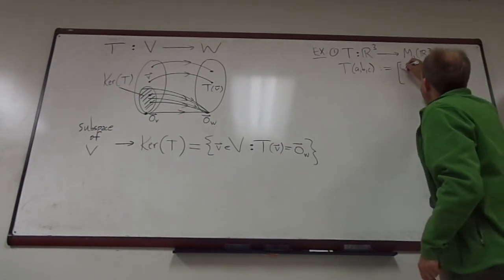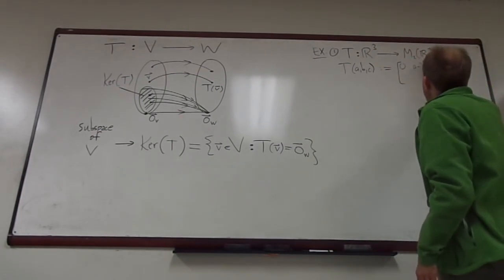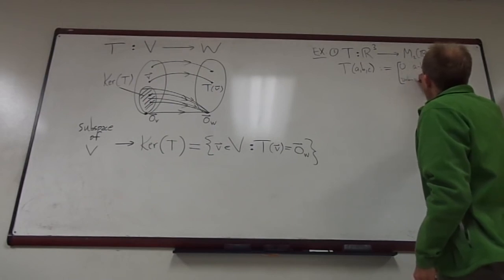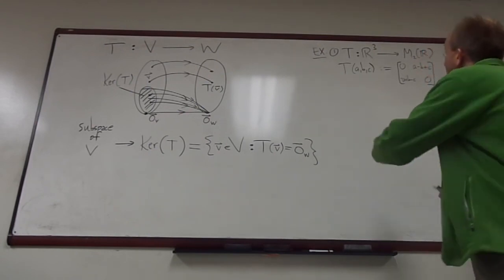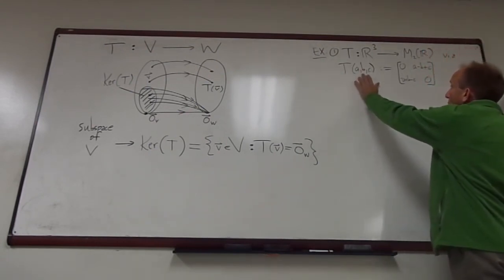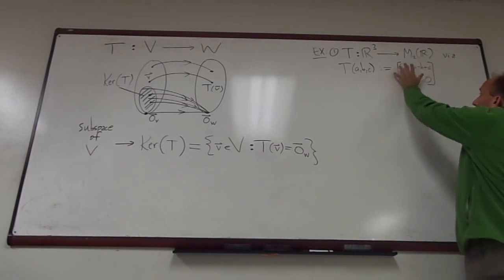Let's say I take 0 and a minus b plus c, and minus a plus b minus c and 0.